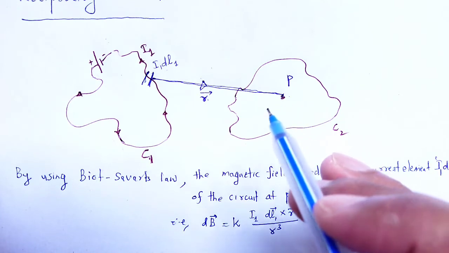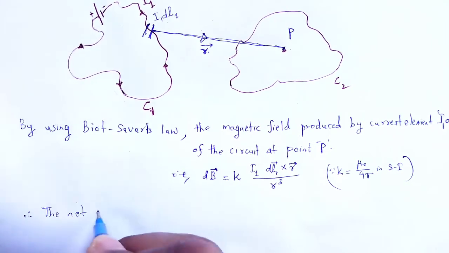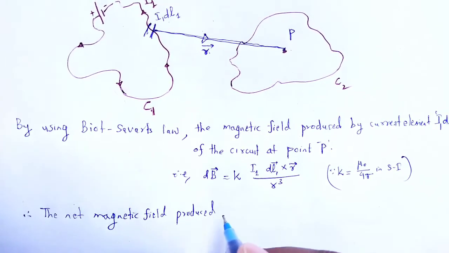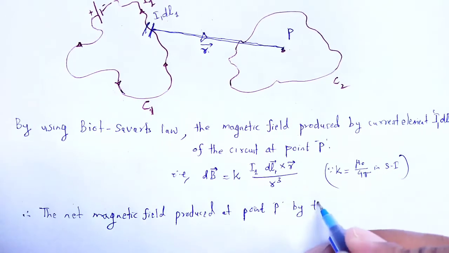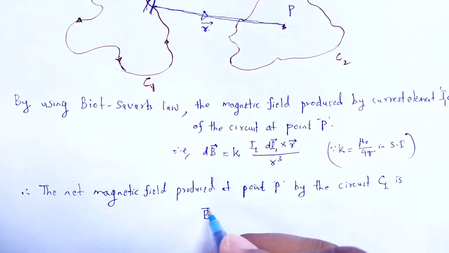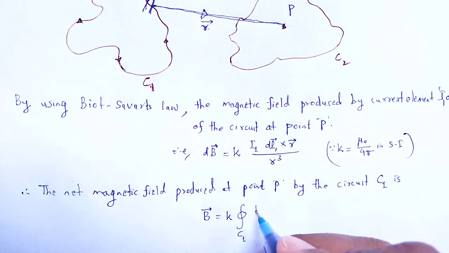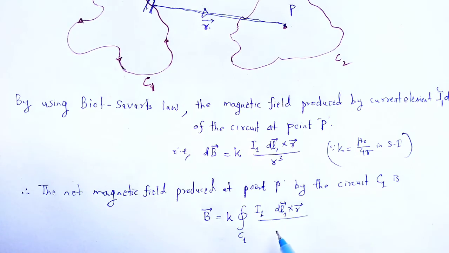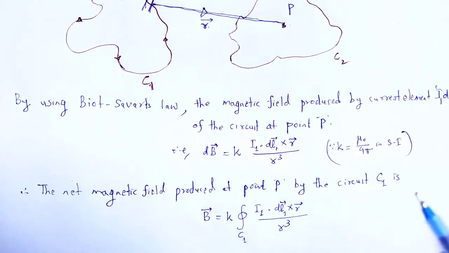Now the net magnetic field produced by the circuit C1 at point P. Therefore, the net magnetic field produced at point P by the circuit C1 is B equal to K closed curve integration over C1 of I1 dL1 cross R divided by R cubed. Here I1 dL1 is the current element vector.